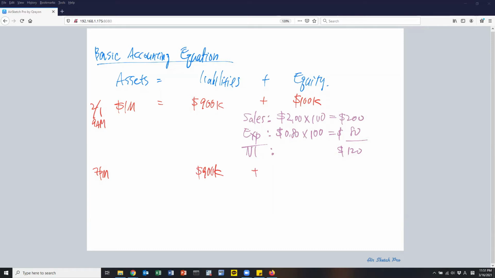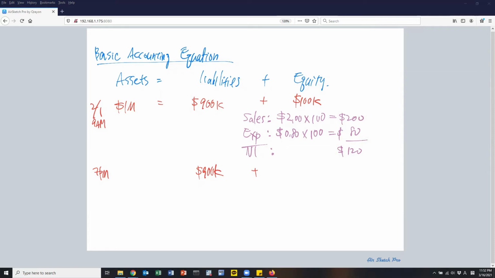Now, the claim to my own self, right? What's the change in my own equity? As a result of one day of business, my company became $120 richer, meaning by this net income, my equity, the claims to me, has been increased by 120.